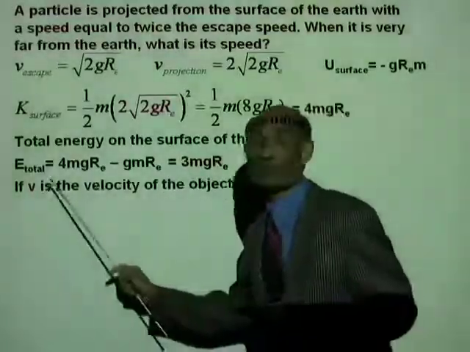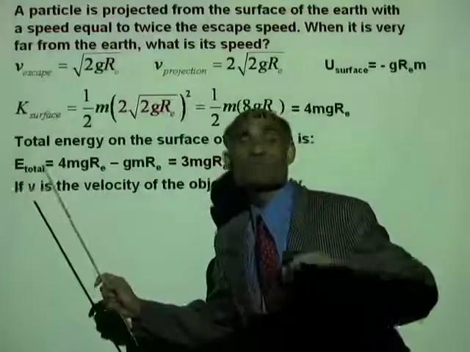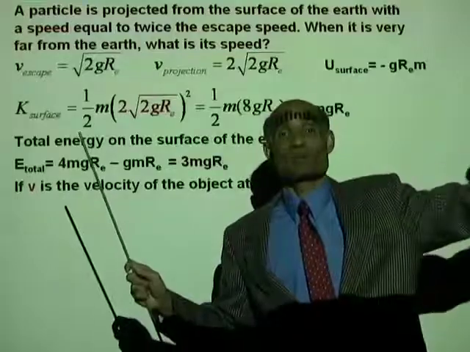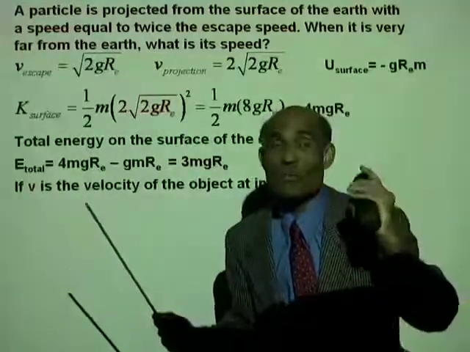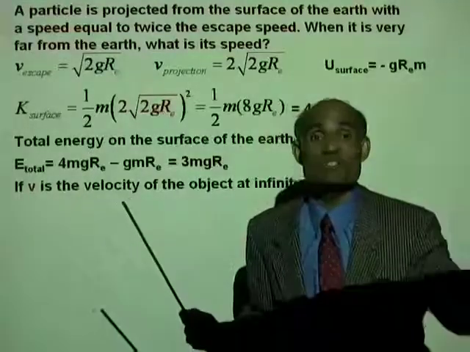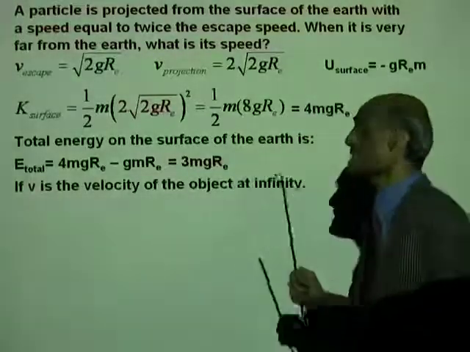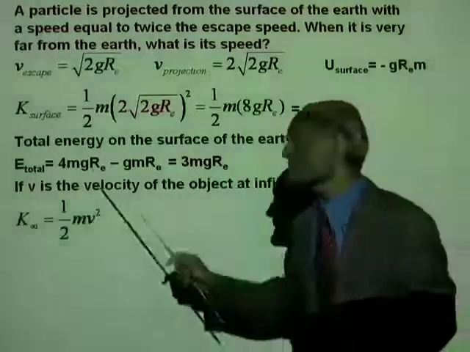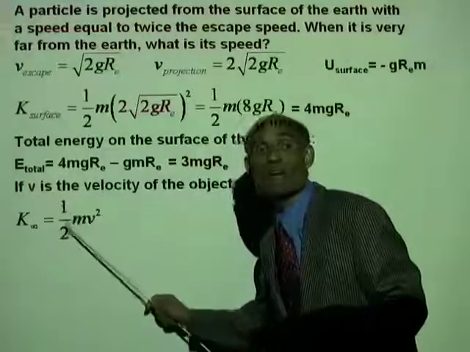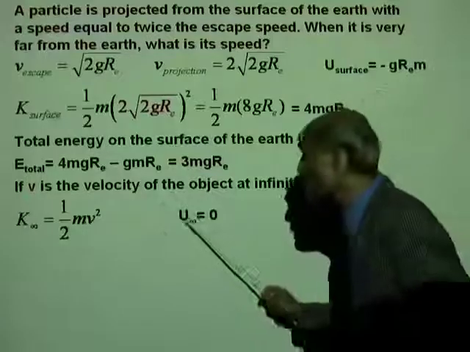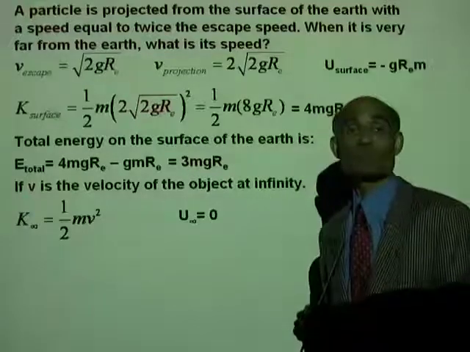And now, we need to find the velocity v when it is very far from the Earth, when its potential energy is 0. So, if v is the velocity of the object at infinity, its kinetic energy will be 1/2 mv squared, and its potential energy will be 0.